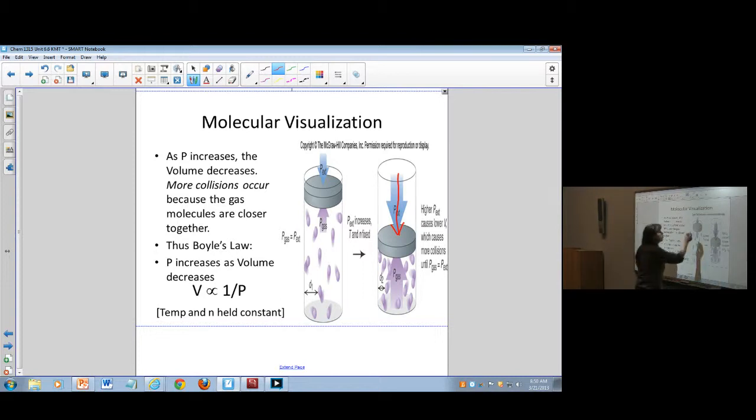So we remember that volume and pressure are inversely proportional. Why does that happen? Because when these molecules are put into smaller spaces, they run into each other. They collide more often, which causes an increase in pressure. All right?